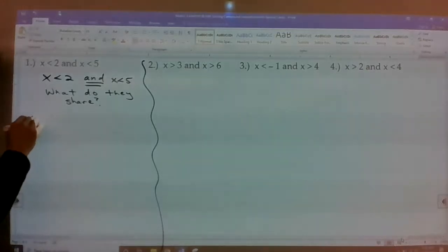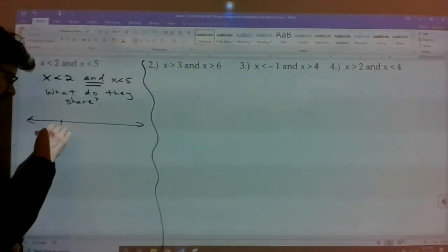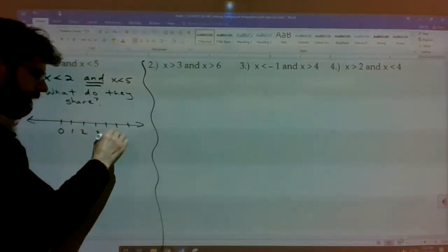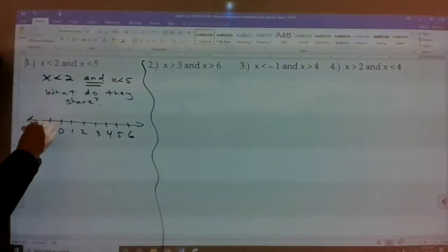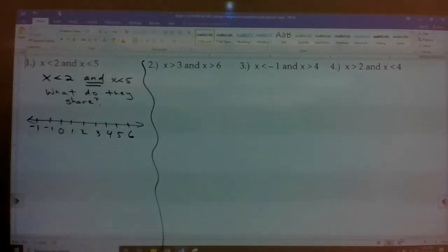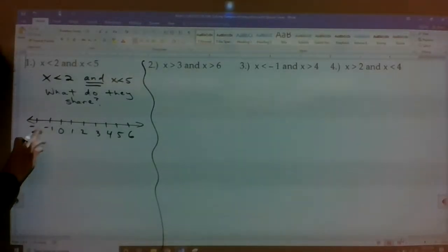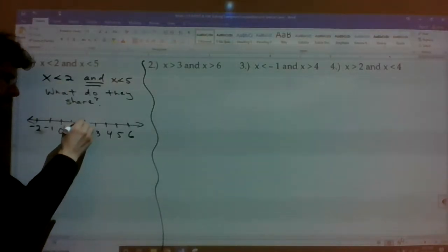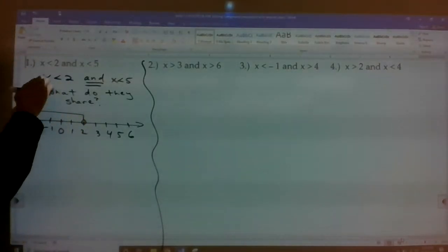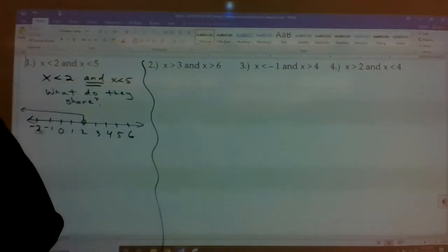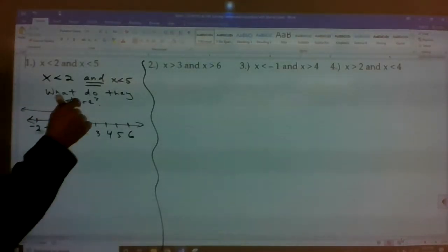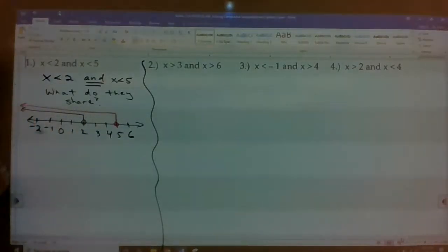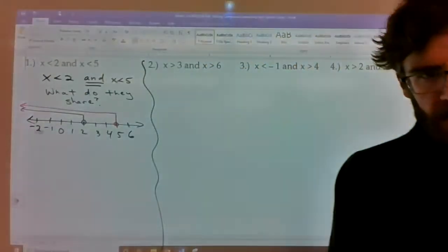So to visualize it, I'm going to graph on a number line 1, 2, 3, 4, 5, 6. And they're open circles. I'm going to go open circle at 2, and it's going to the left because it's less than. And on the 5, open circle also going left. All right, so what does that look like?